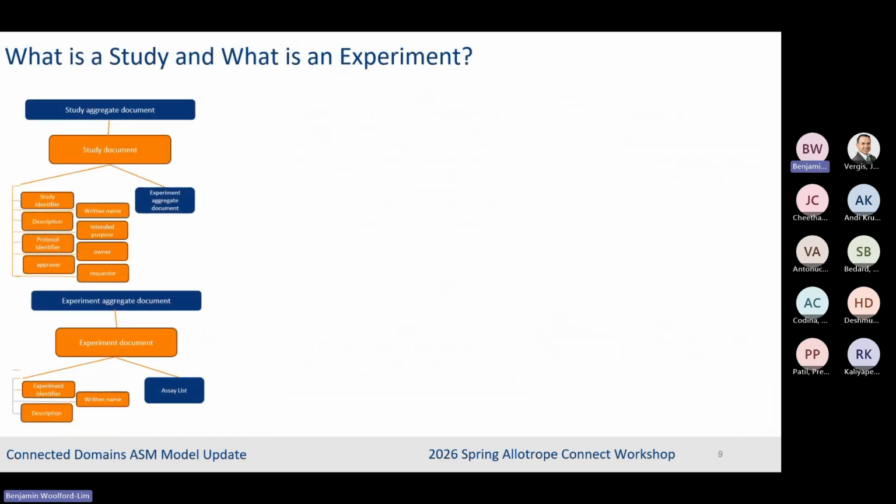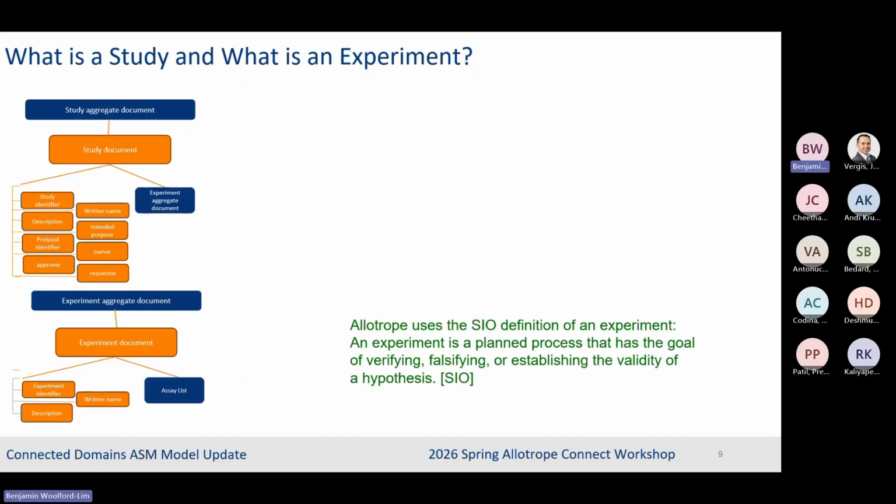Then we moved on to study and experiment. Here, Allotrope had a definition for an experiment and basically just imported the SIO definition, which is: an experiment is a planned process for verifying, falsifying, or establishing the validity of a hypothesis. Okay.